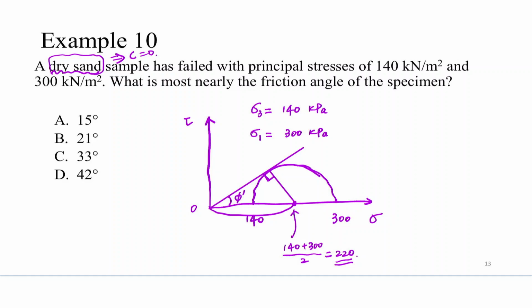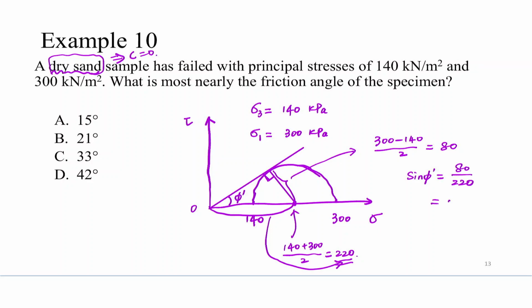If we can figure out the radius of this circle, which is essentially 300 minus 140 over 2, and that is 80. And you look at the friction angle, you know this is 80, you know this one is 220. Basically, your sine friction angle would be 80 over 220.